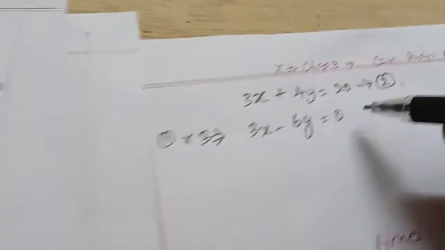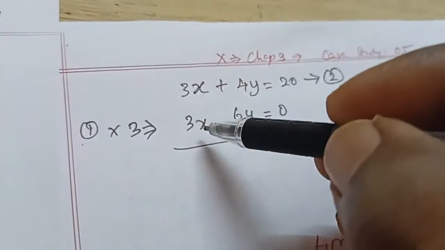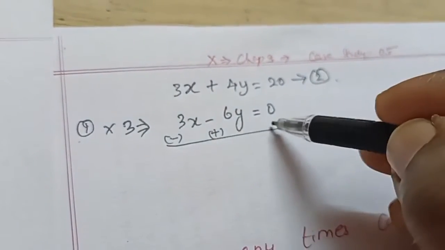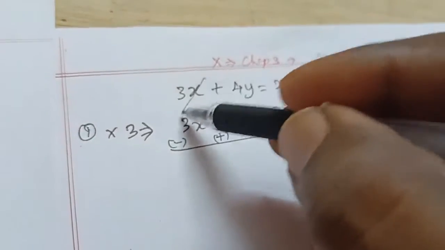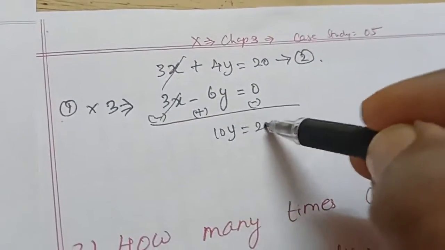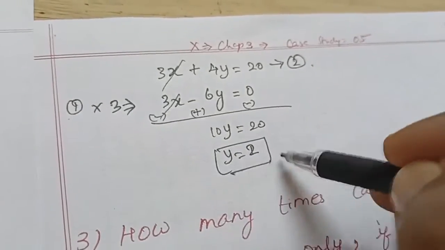Here also 3x, there also 3x. So just change the signs to cancel: minus will become plus and plus will become minus. So 3x will get cancelled, and I get 10y equal to 20. So y is equal to 2.